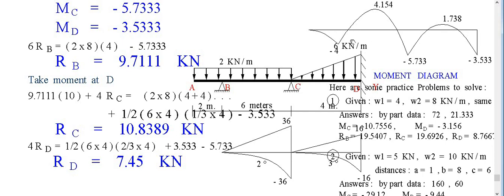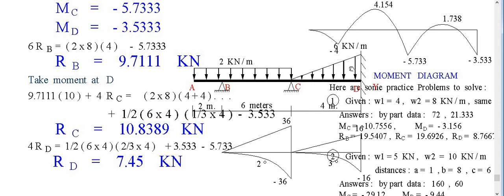And there are two moments that involve here, moment at D and moment at C. These two moments are different direction, clockwise, counterclockwise. So moment at D is the same direction as the triangular. This is clockwise, this is also clockwise with respect to C. Okay, these two.